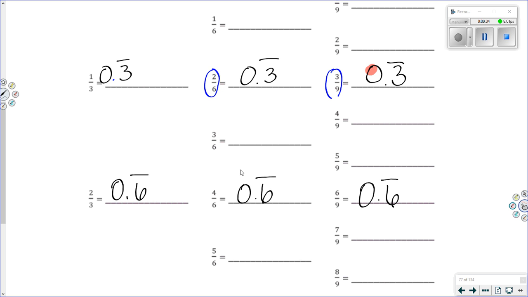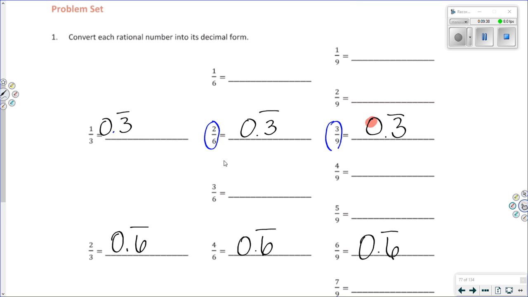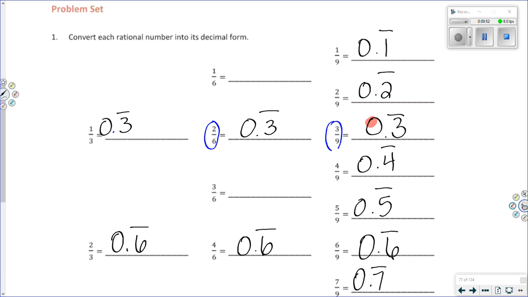Now, the other pattern I want to look at here, do you guys notice that they did a really good job of going in order? So basically, they went from smallest to largest. I didn't even recognize that. Do you guys notice the pattern here?